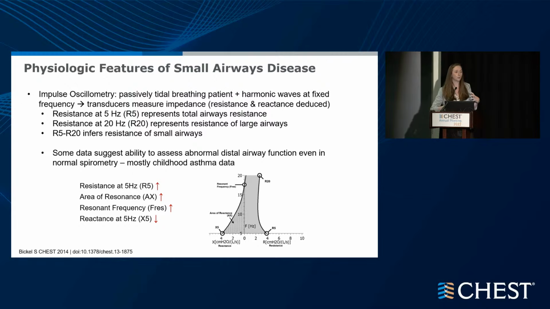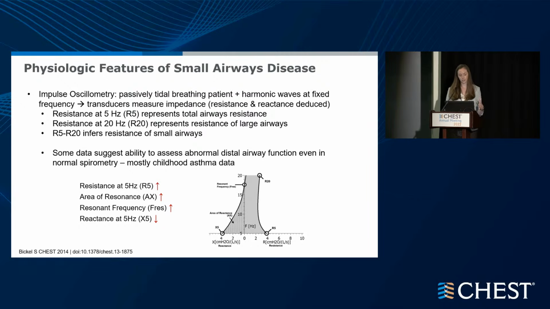So these higher frequencies are going to reflect back off the larger airways, and lower frequencies are going to go deeper down into the smaller airways of the lungs. And so here you can see some resistance patterns changing, the difference between resistance at 5 hertz and 20 hertz, giving a clue towards small airways disease. There are also patterns of changes in resonance and reactance that you can see as denoted by the red arrows here.